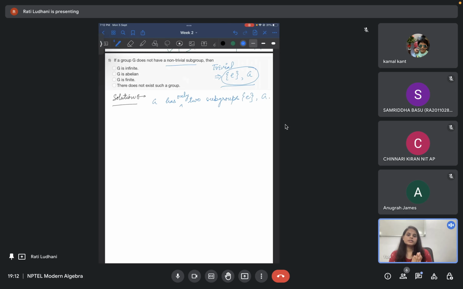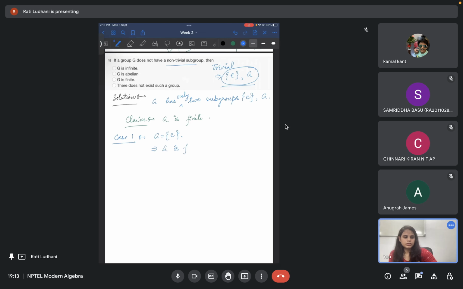Okay. Now let's see what this says. My claim is that G is finite, that option C is correct. To prove this I will take some cases. Case 1: G is equal to identity. If G is just the identity, then definitely G is finite.